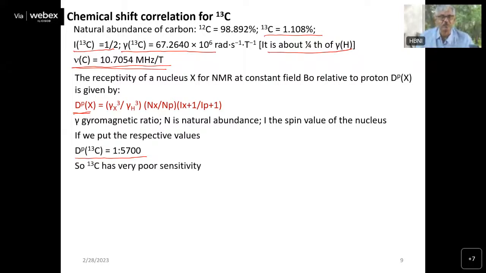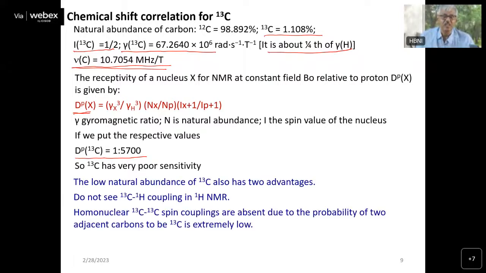So that's why the carbon-13 sensitivity is very poor, because the natural abundance of carbon-13 is very low. But because of this low natural abundance, there are two advantages. The first advantage is that you do not see the carbon-13 to 1H coupling in the NMR, otherwise your spectra would have been much more complex. And second, there is no homonuclear 13C-13C spin coupling. We will see couplings in future classes, because so far I have not told anything about coupling.